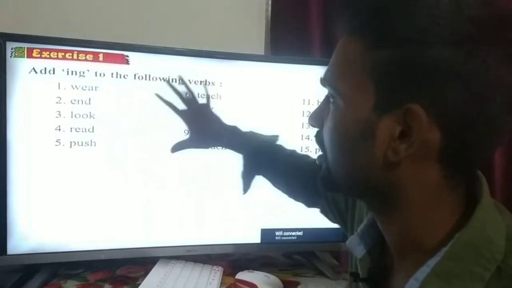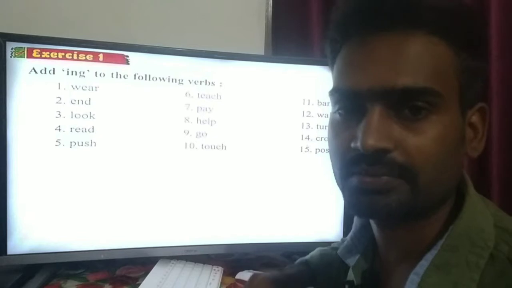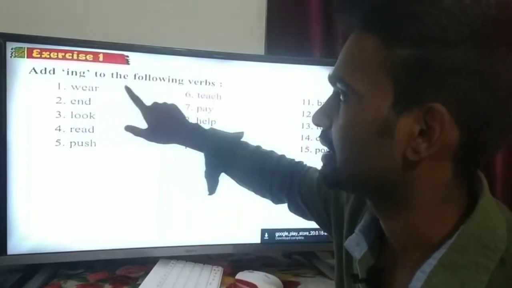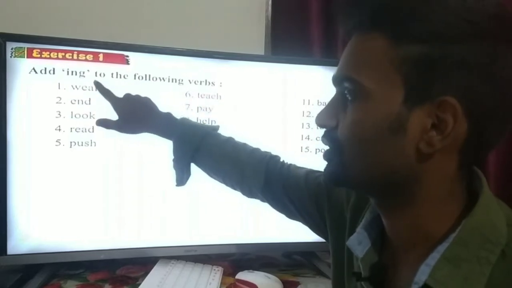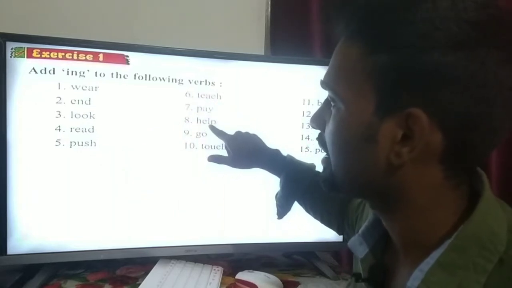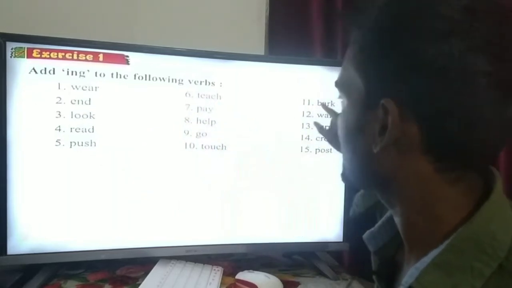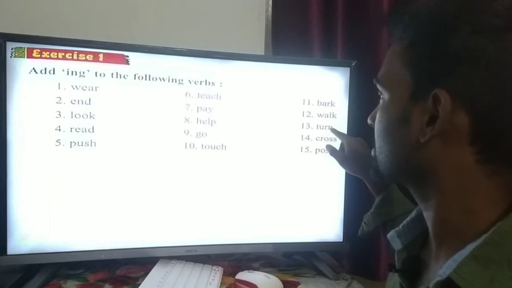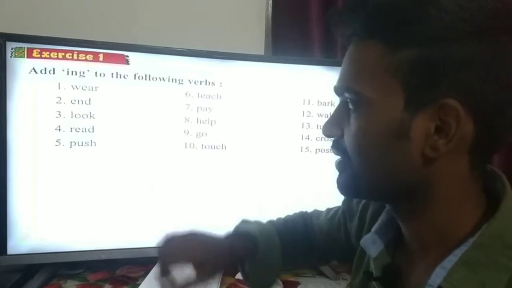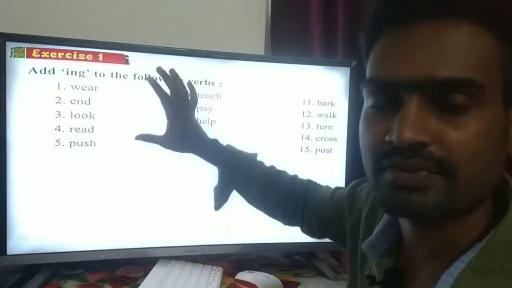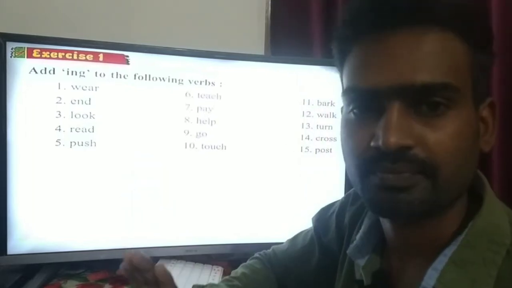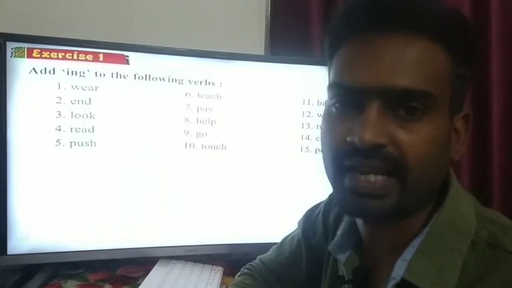So here we have given 15 verbs, and we are going to add ing to the following verbs: wear, end, look, read, push, teach, pay, help, go, touch, bark, walk, turn, cross, post. So we have 15 verbs, and each verb has its own meaning. Meanings are not the same.